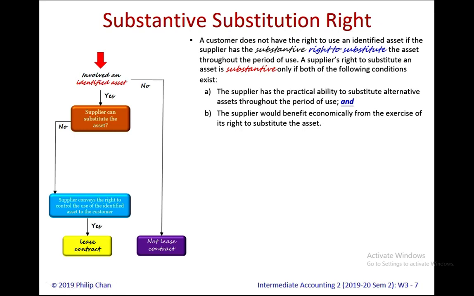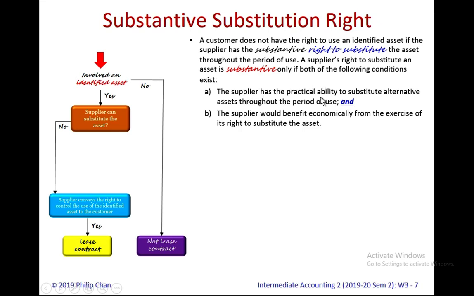We can then consider whether the supplier has conveyed the right to control that asset to the customer. But we are still at this stage where we have to see whether that substitution right is substantive or not. If it is substantive, I'm afraid the customer does not have the right to use an identified asset.